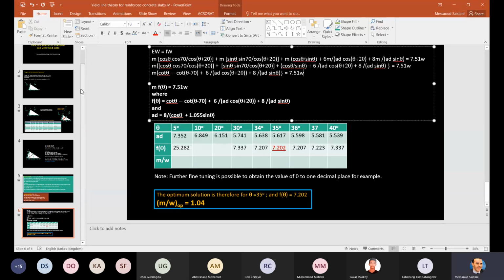The other thing you need to know is the rules, how to determine the mechanisms, and how to solve the different mechanisms. You need to understand the theorems, equilibrium, mechanism, and yield, so you can use them appropriately. And then the rest is what you did in the past, like how to obtain the moment at a particular cut.